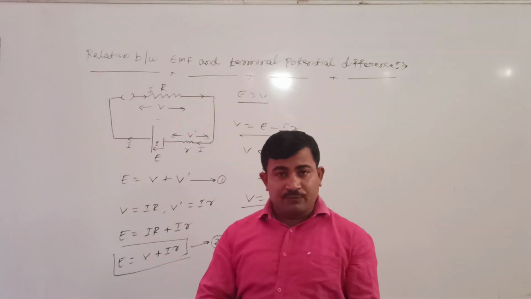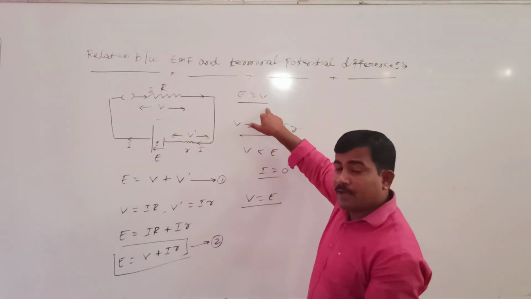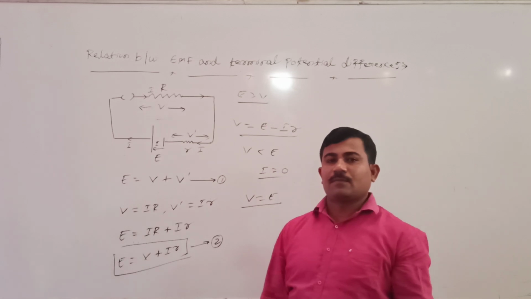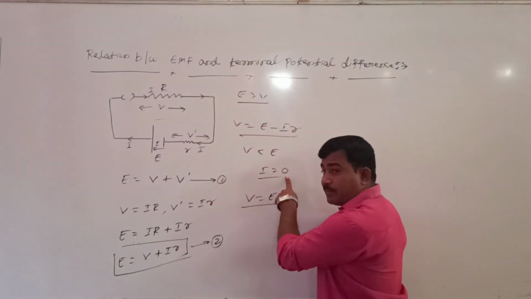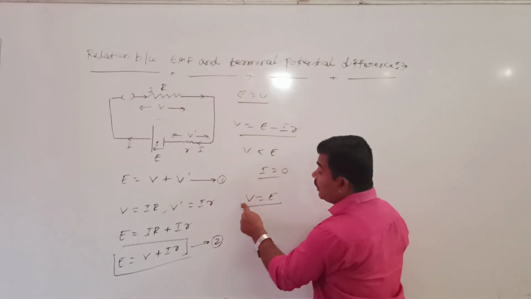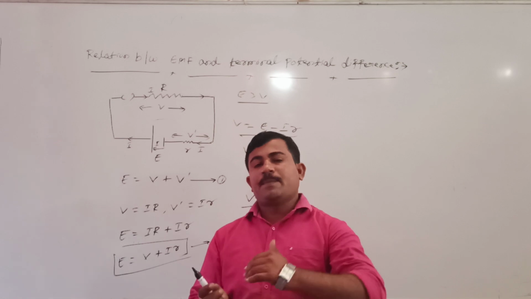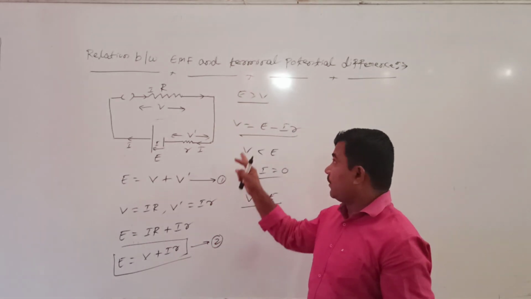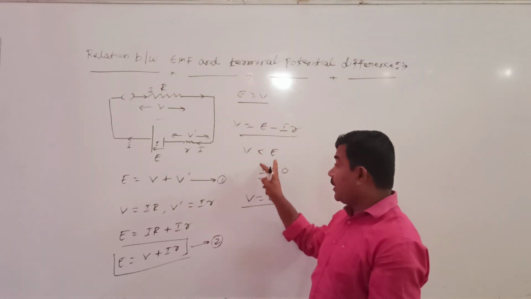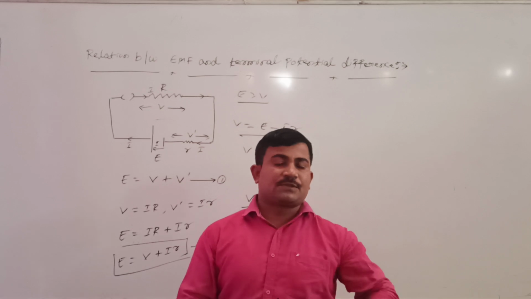When current is drawn from the cell, EMF is greater than terminal potential difference. Simply, if current is drawn from the cell, EMF is greater than terminal potential difference, but when no current is drawn from the cell, EMF equals terminal potential difference.